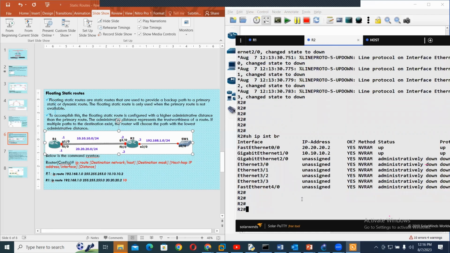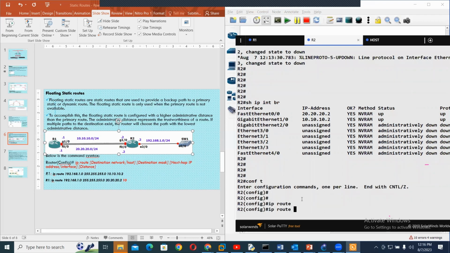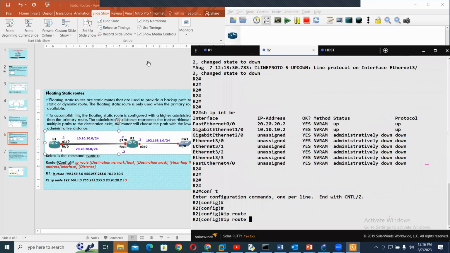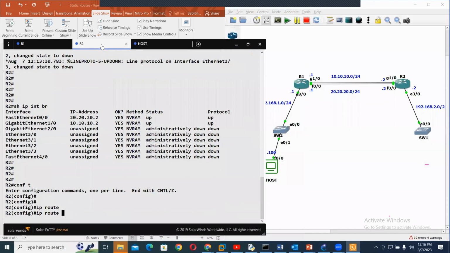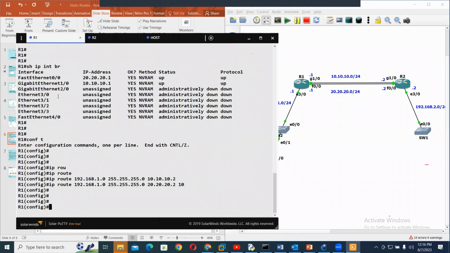Now let's configure router 1. Sorry, for router 1, our destination network is .2, not .1.